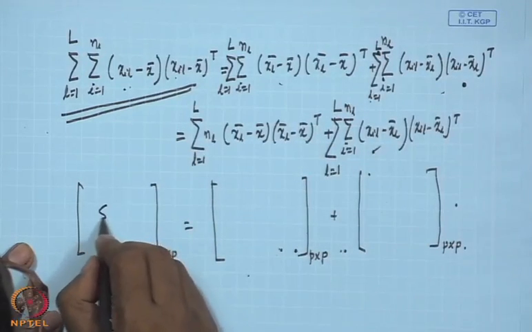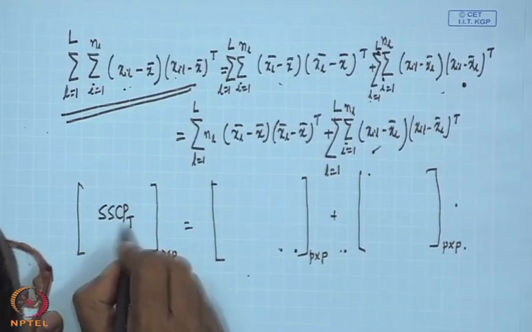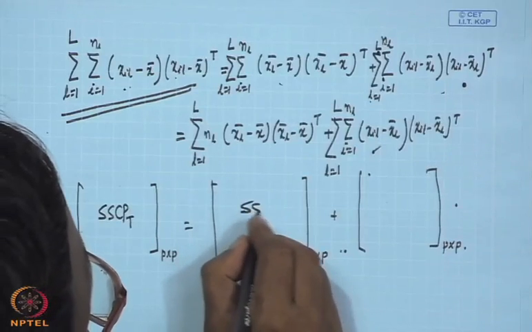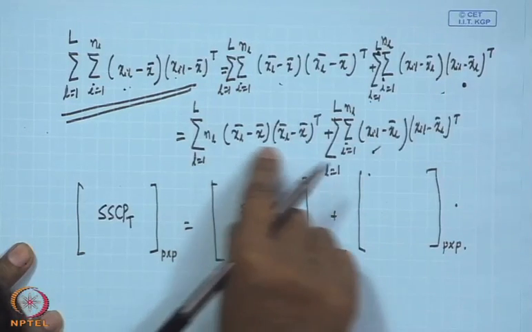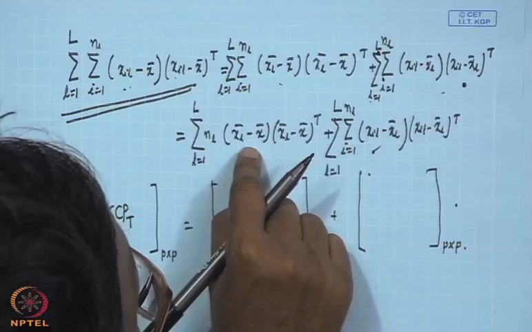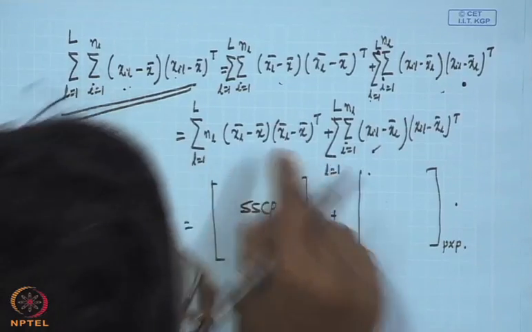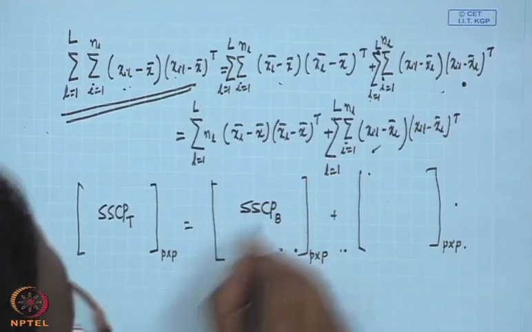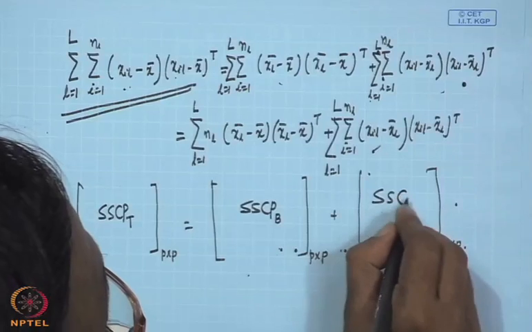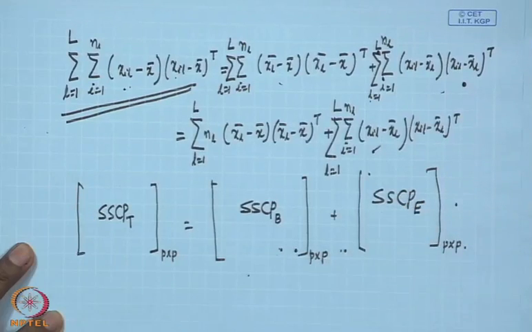So, this one is SSCP total, and this is SSCP between, the deviation of the population mean vector from the grand mean vector. Then this one is SSCP error.